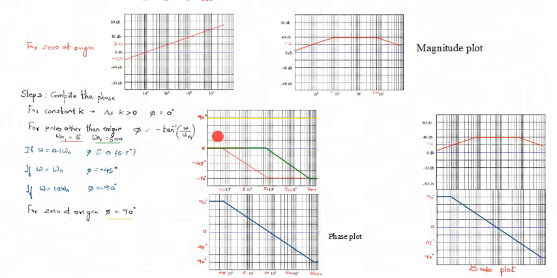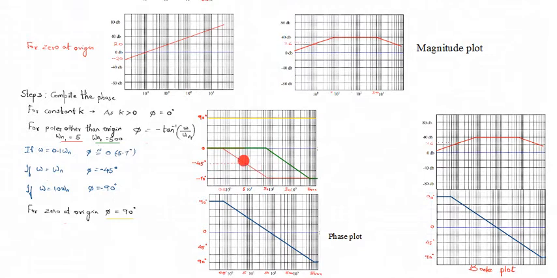Above 0.5, one of the phases is decreasing, right? And when it reaches 5, it is reduced by 45 degree. So from here when we reach 5, we should reach a value of 45 degree. So this value becomes 45 degree.